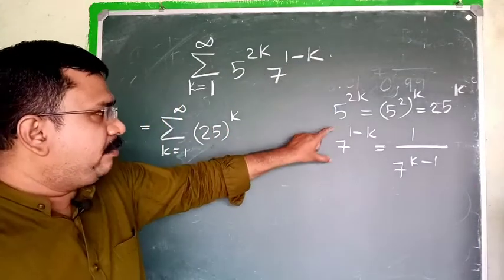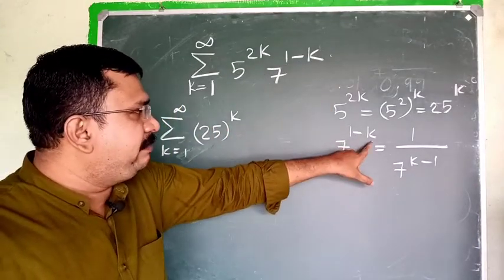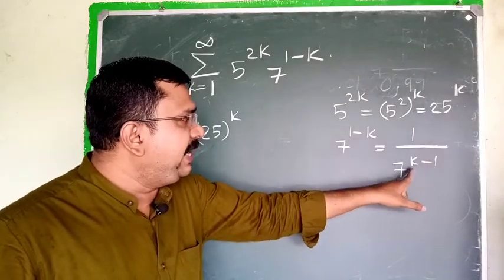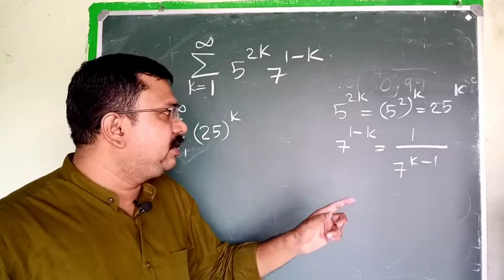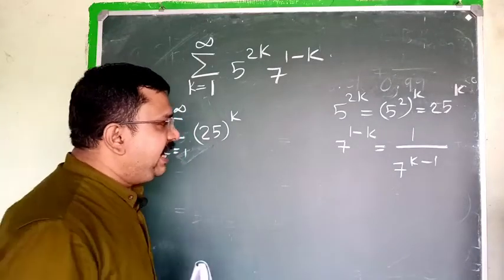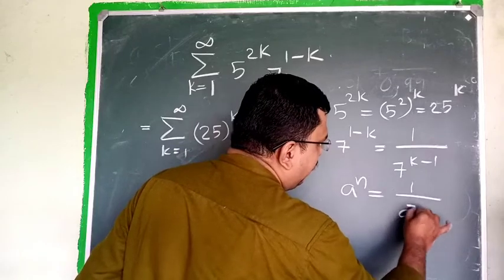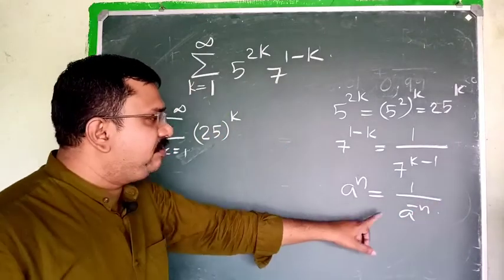Remember that 7 raised to 1 minus k can be written as 1 by 7 raised to k minus 1. You know that a raised to n is equal to 1 by a raised to minus n. That is the result.